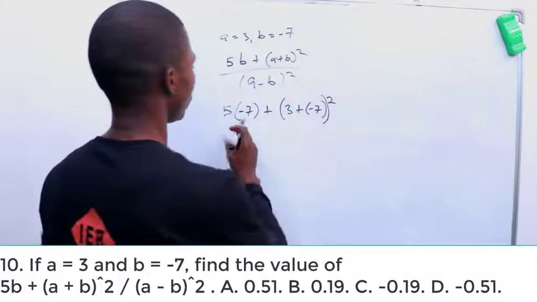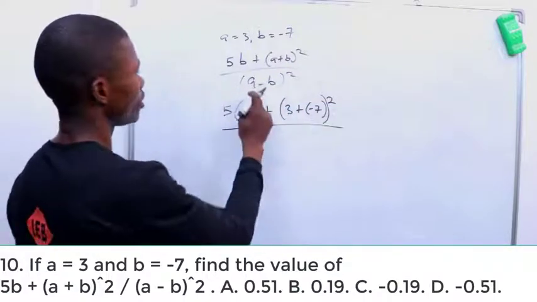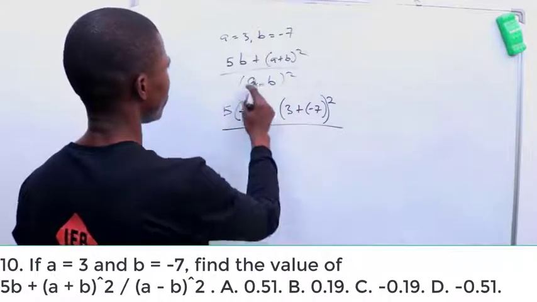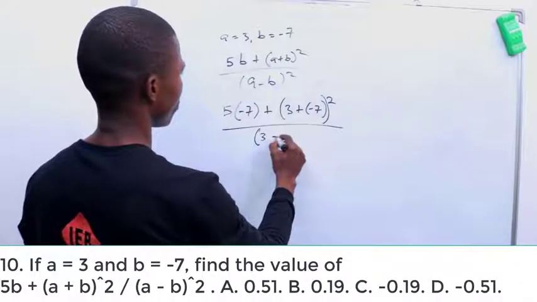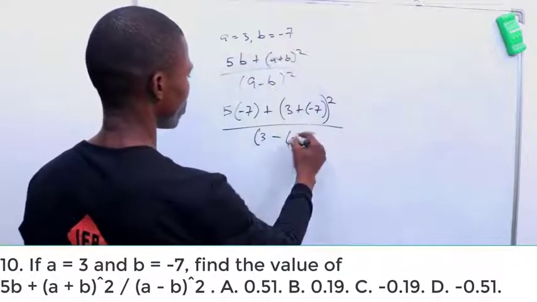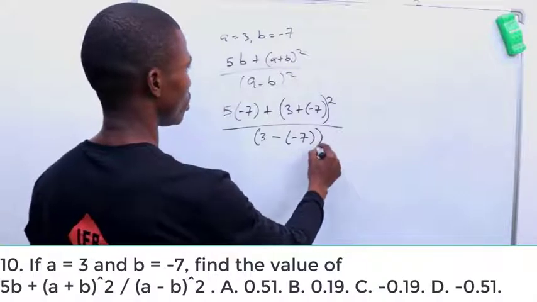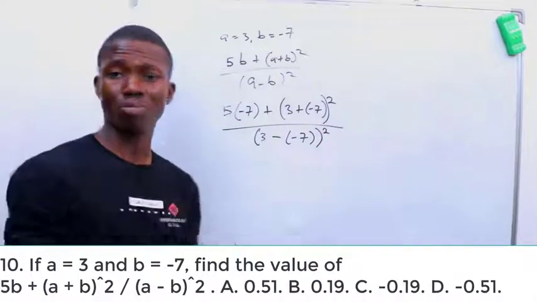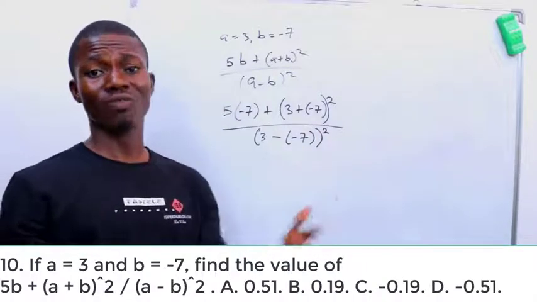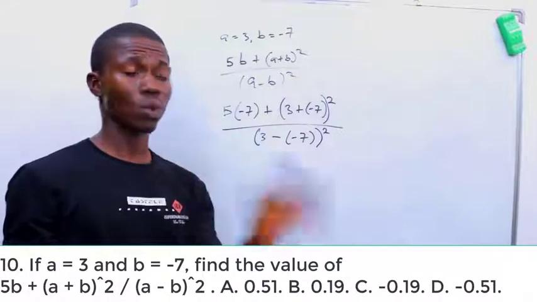Then all over. So here is brackets: A is 3 minus B, which is minus 7, squared. Always use brackets to differentiate where you have two different signs, so you will not make mistakes while solving.